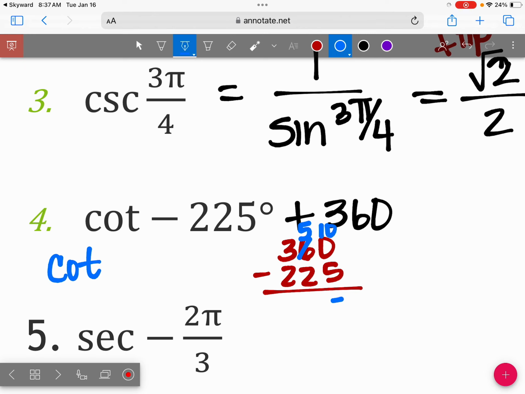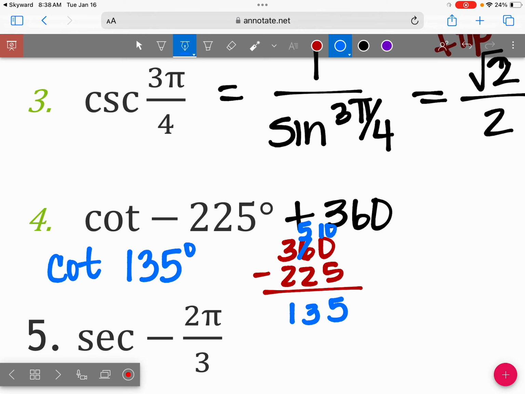So 10 minus 5 is 5. 5 minus 2 is 3. So we're looking at 135 degrees on the unit circle. On the unit circle, negative 225 is the same as positive 135.